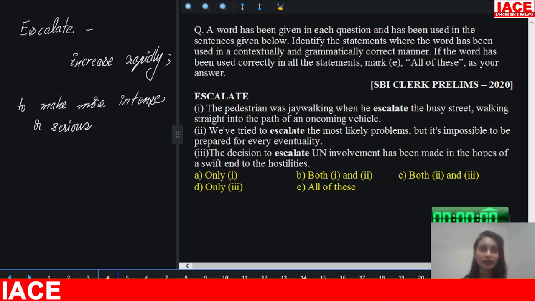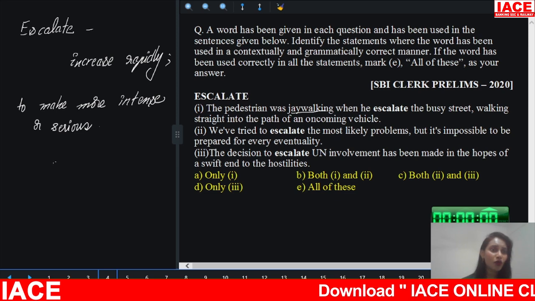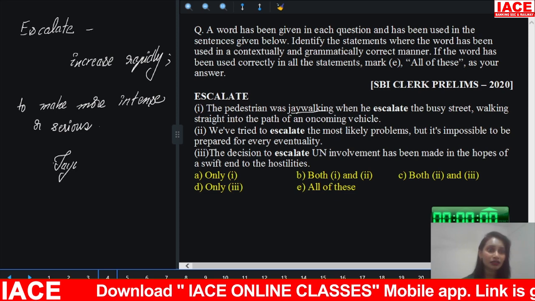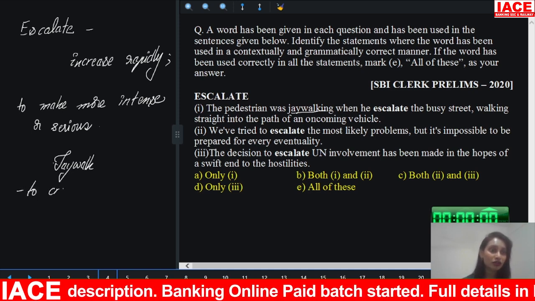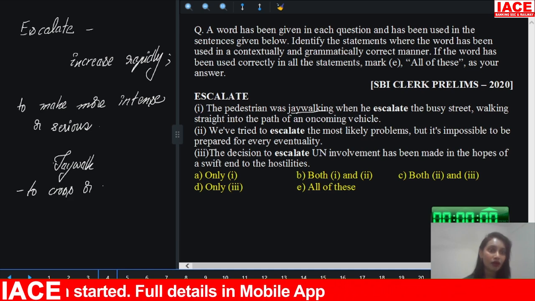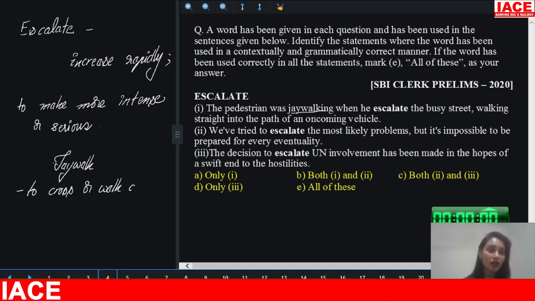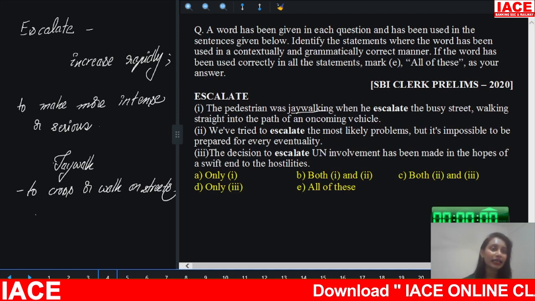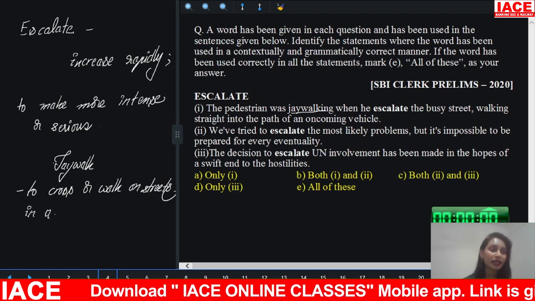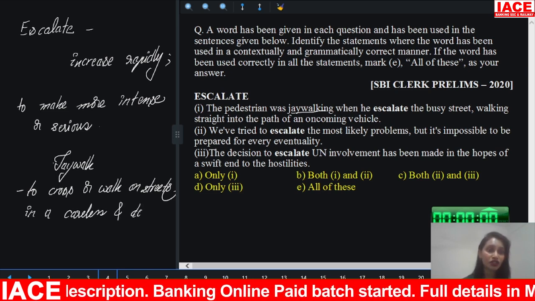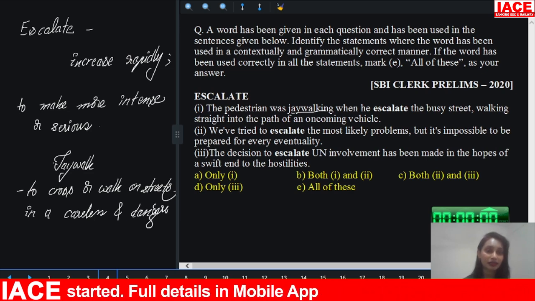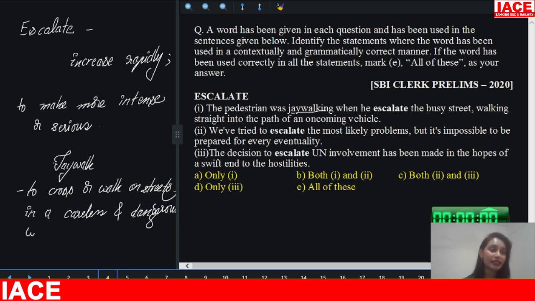Now look at sentence 1 here. The pedestrian was jaywalking. You know jaywalking, right? What is it by jaywalking? We have learned in our class, jaywalk means to cross or walk on streets, or we can say road, in a careless and dangerous way.